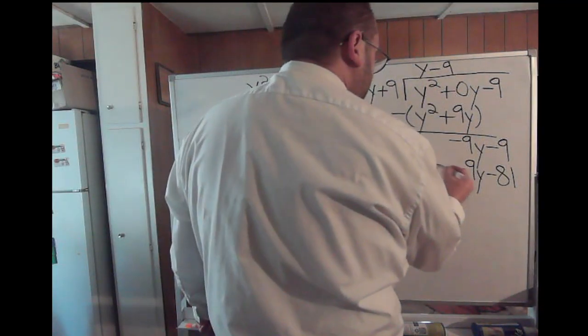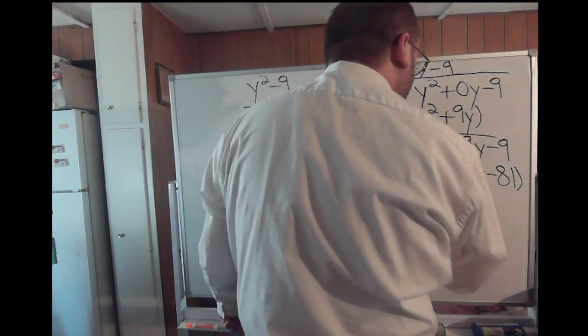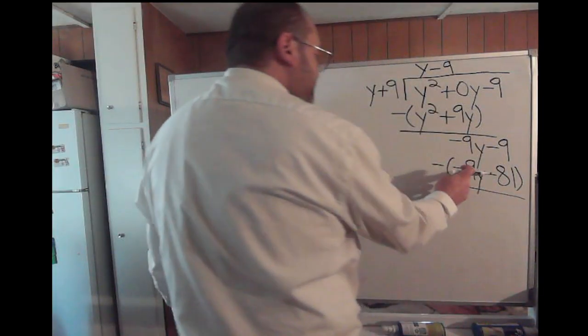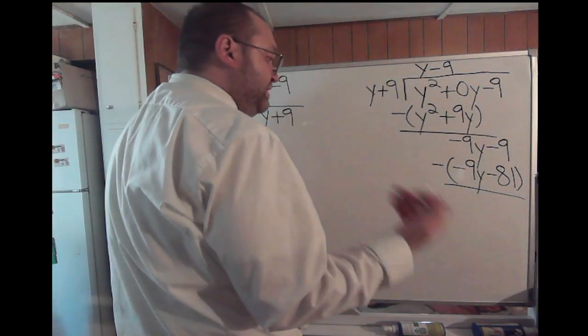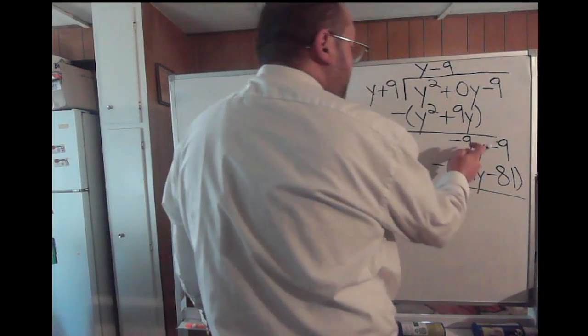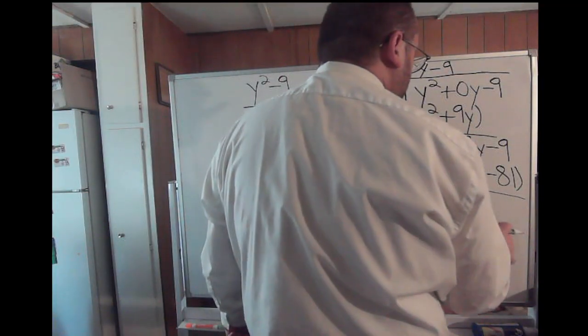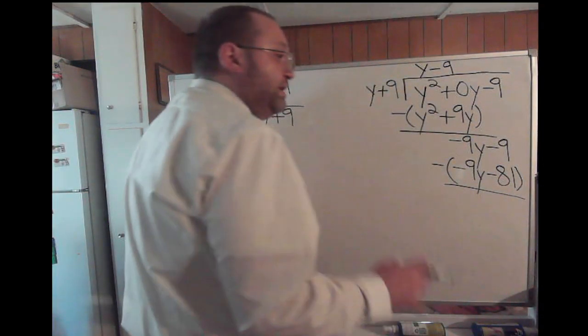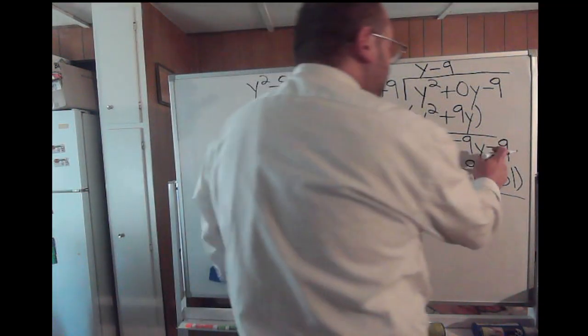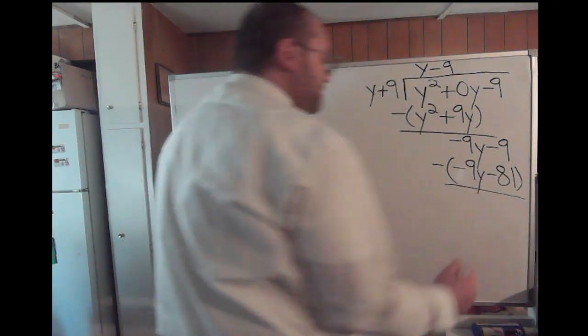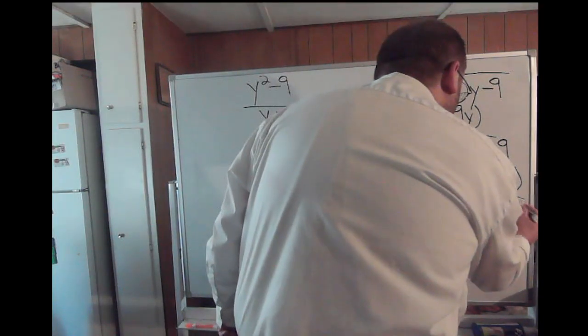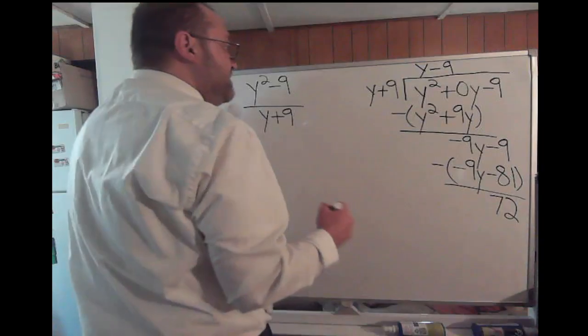So now you subtract the whole quantity of what you just got from the dividend. Negative 9y is actually plus 9y. So plus 9y minus 9y, that's 0. Negative 81, that's positive 81. So negative 9 plus positive 81, that'd be 72. So you have a remainder of 72.